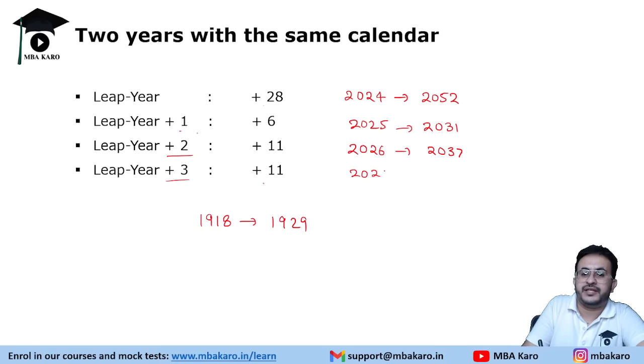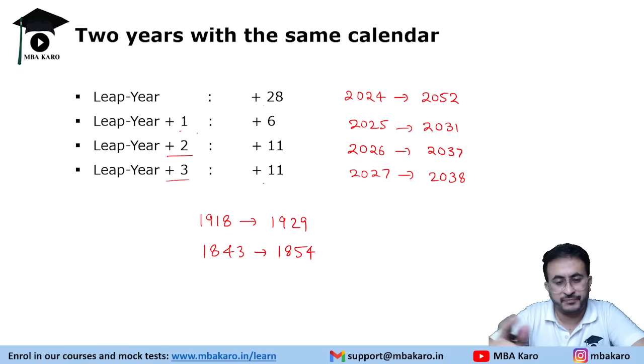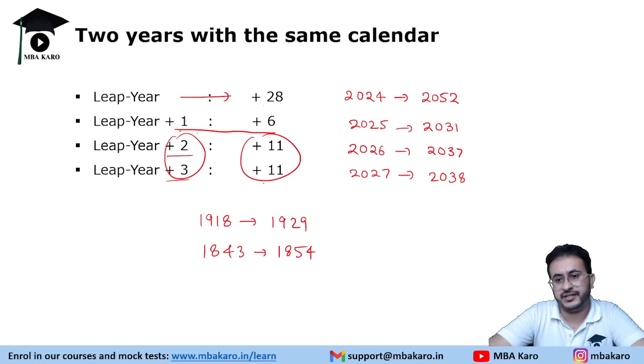So 2027 will repeat in 2038. Let's take another example. 1843 would have repeated in 1854. So 11 years later. So leap year is 28, plus 1 means 6, and for plus 2 and plus 3 the repetition is in 11 years.